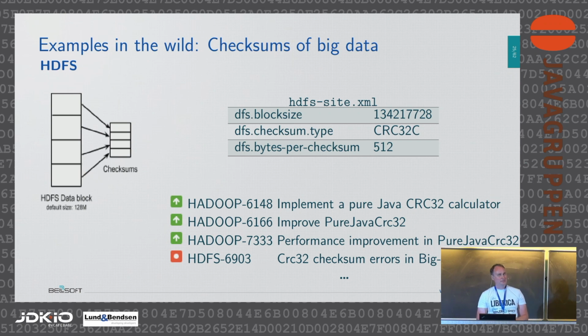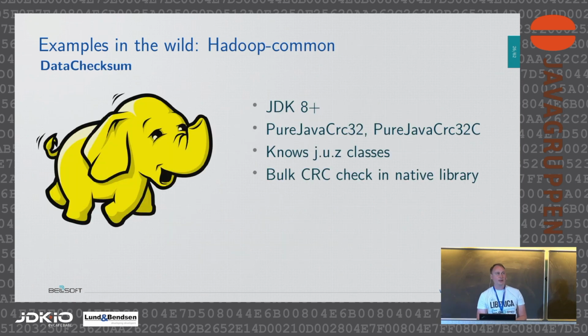So Hadoop is especially interesting. I mean here Hadoop-common, the core set of classes, because for checksums there are multiple implementations. And that also depends on the version that you use.